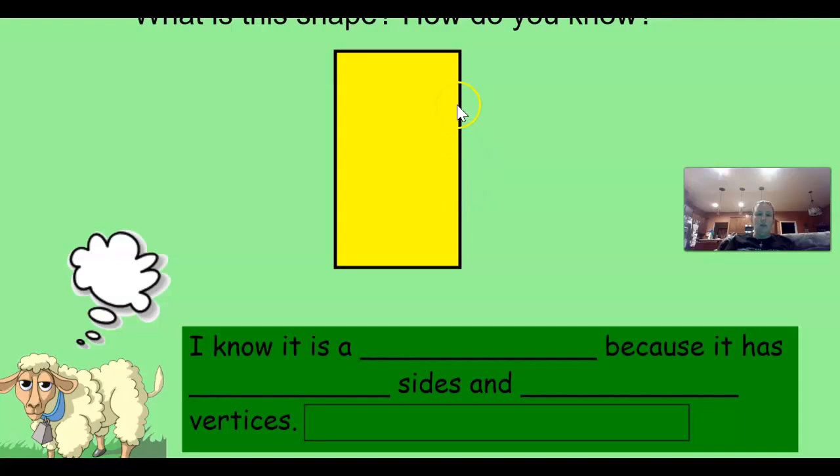It doesn't have equal sides, but it does have 1, 2, 3, 4 sides, and 1, 2, 3, 4 corners or vertices. But 2 of the sides are longer than the other 2, so it's not a square. If you said rectangle, you are right. Rectangles have 4 sides and 4 vertices too, but 2 of the sides are longer than the other. So we're going to go ahead and fill in our chart.